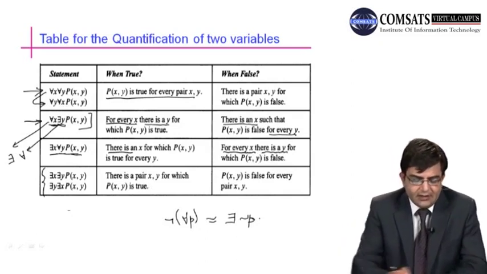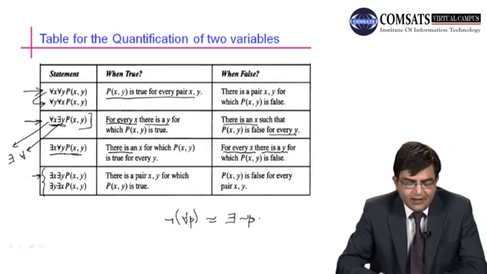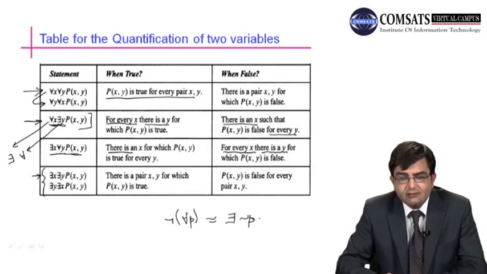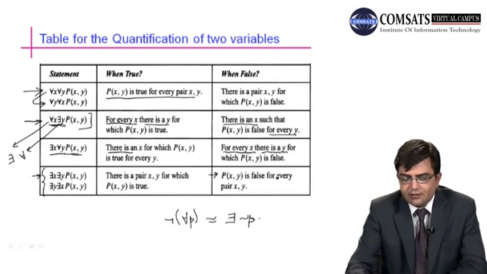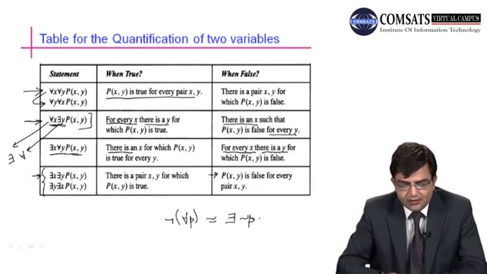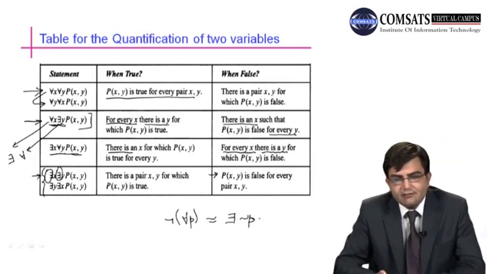So here we have there exists x, there exists y, meaning there is at least one x and at least one y for which P of xy is true. The negation of this statement, or this statement, could be false when P of xy is false for every x and y, because here we have existential quantifier for both variables x and y.